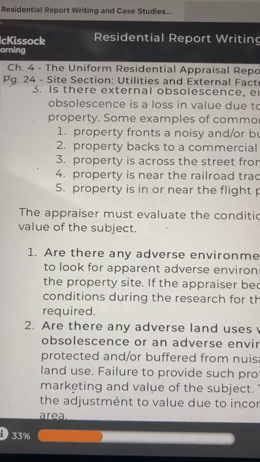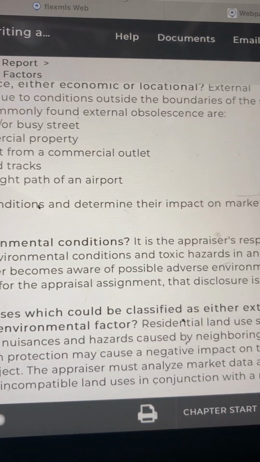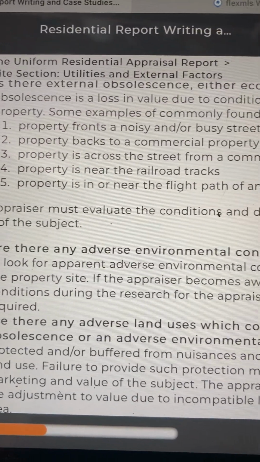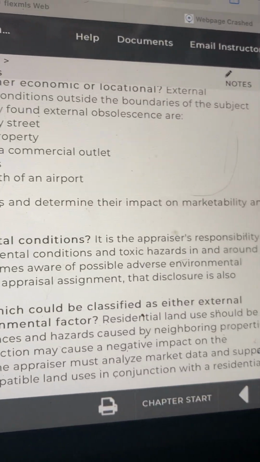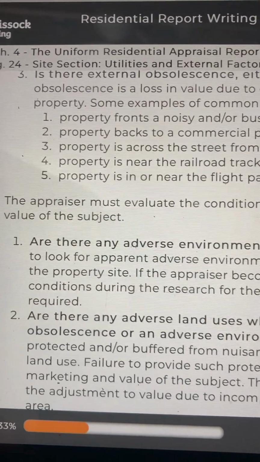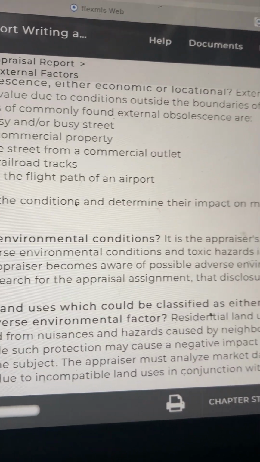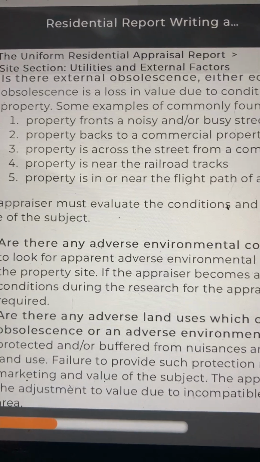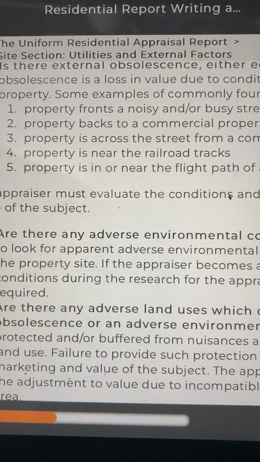Number three, is there external obsolescence, either economic or locational? External obsolescence is a loss in value due to conditions outside the boundaries of the subject property. Some examples of commonly found external obsolescence are: number one, property fronts a noisy and/or busy street.